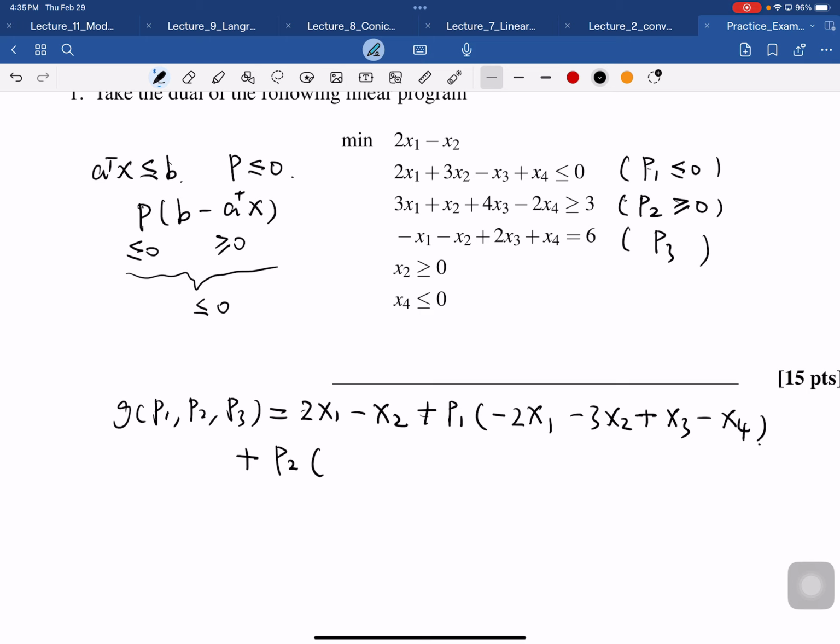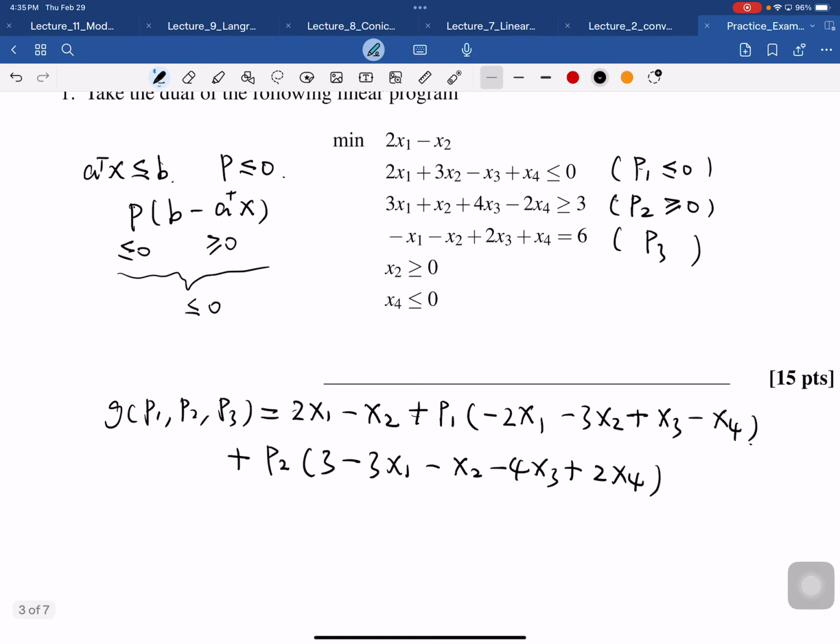So the other way you can do it is you can specify p1 to be a greater than or equal to variable. Then you can just multiply the left-hand side, right? It's equivalent. Okay, so since we are dealing with the same sign as this inequality, I will just do it this way. So we can multiply p2 by 3 minus 3x1 minus x2 minus 4x3 plus 2x4.